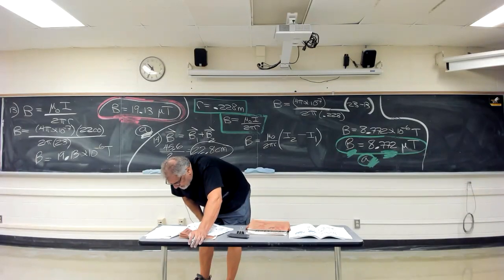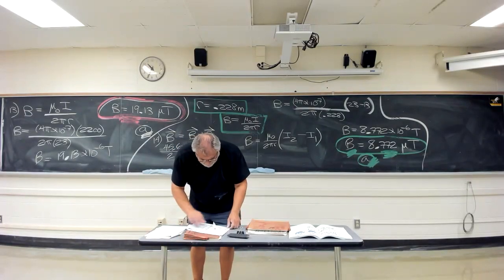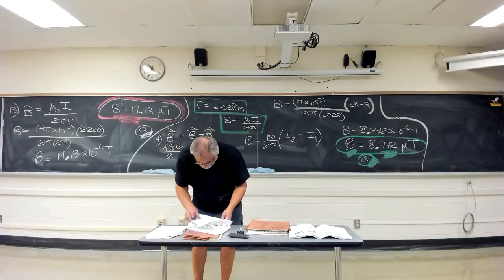What is the resulting induced current in the coil if the resistance of the coil is 5 ohms? Okay, there's a lot there, but once you get the setup, the rest should go pretty smoothly, guys.